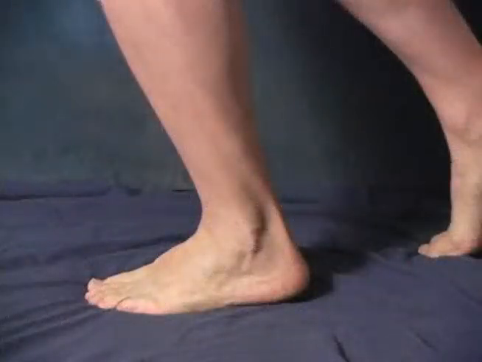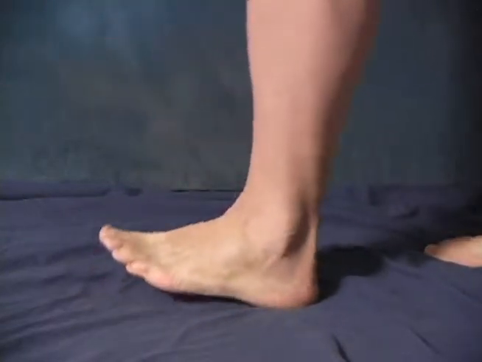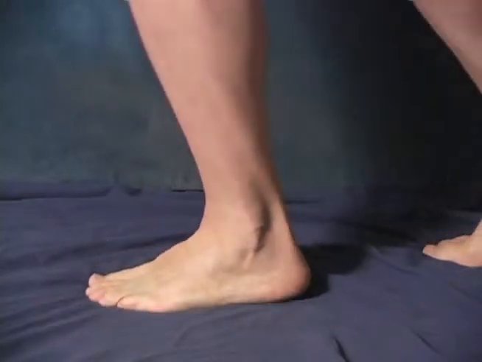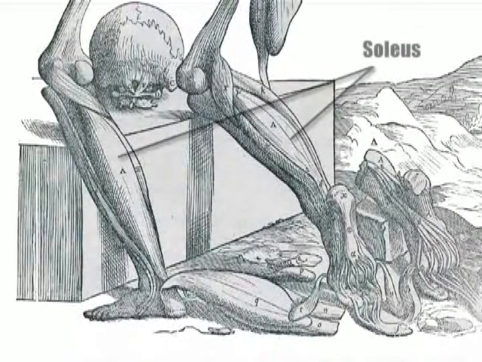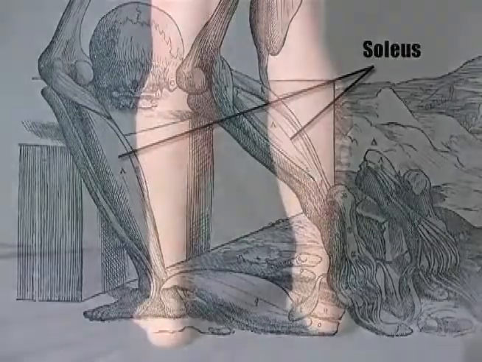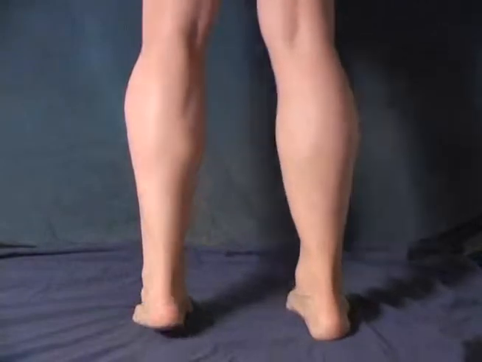When raising the heel, the body's center of gravity shifts forward, creating forward motion. Beneath the gastrocnemius is the soleus, which is also dedicated to raising the heel. Together, these muscles fill out the larger profile of the lower leg.